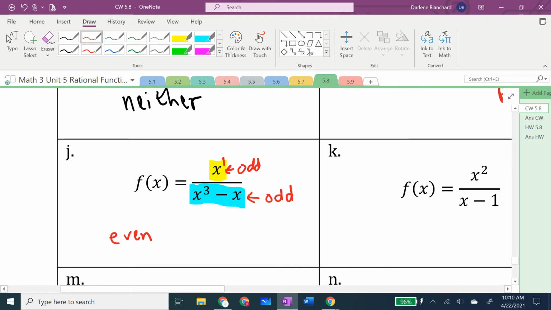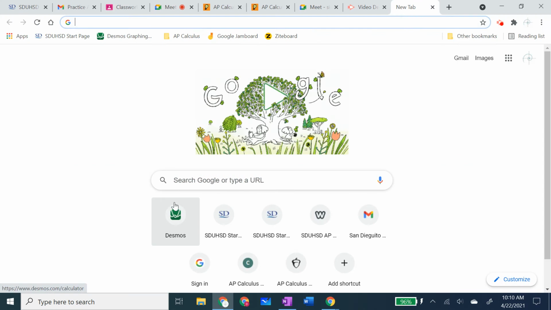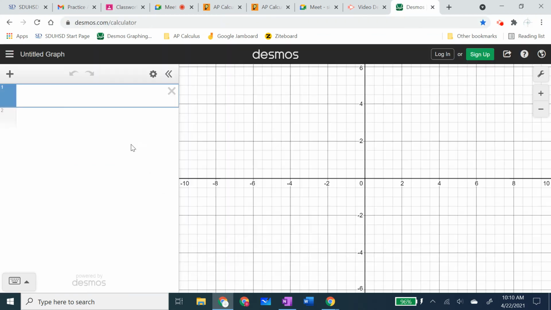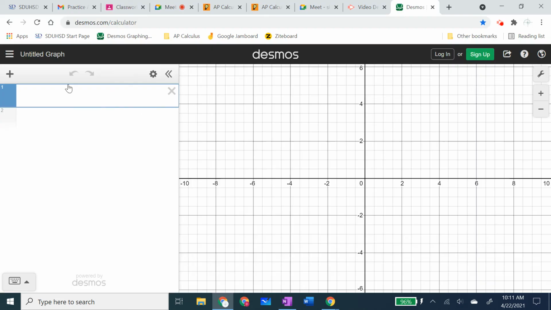And I feel like I need to show you a Desmos graph just so you can see this a little bit more. And I need to remind myself that was x over x cubed minus x.